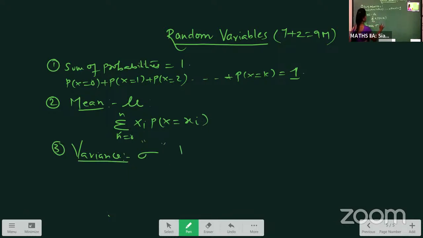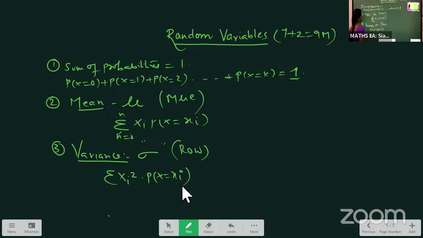This is read as rho. And this is mu, which you already know. We can't write mu in English; you can write it like this. Then for this one, sigma xi square into P of x is equal to xi, minus mu square.